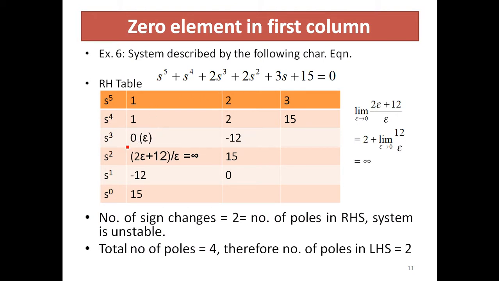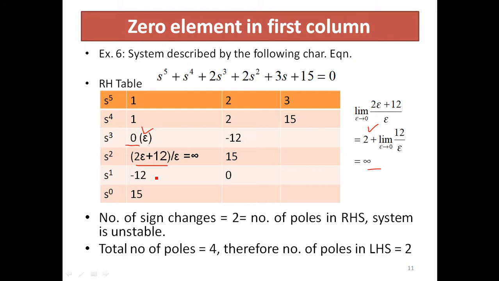Again, this element which is coming as 0 is replaced by epsilon, and in the further calculation, (2 epsilon plus 12) divided by epsilon, applying the limit here, would be positive infinity.